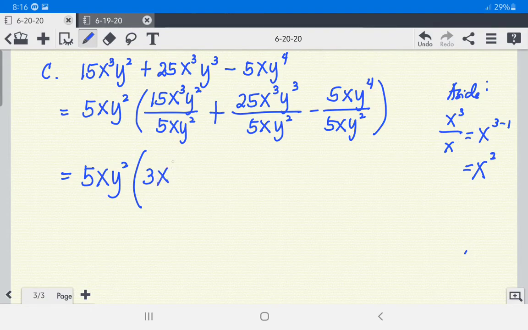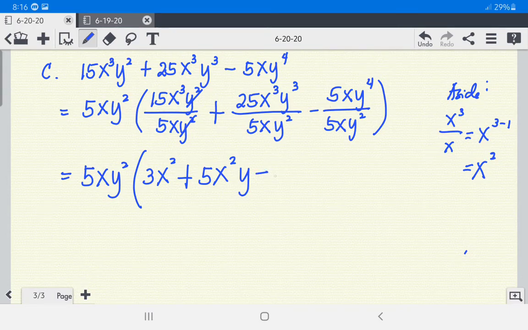Then for the y variable, you just cancel it. y squared divided by y squared is 1. Then plus 25 divided by 5, that is 5. Then x, again, you subtract the exponents: 3 minus 1, we have 2. Then y raised to the first power. Then minus 5 divided by 5, we have 1.